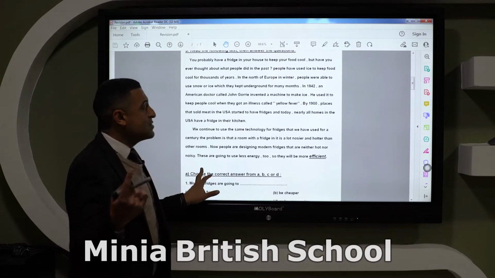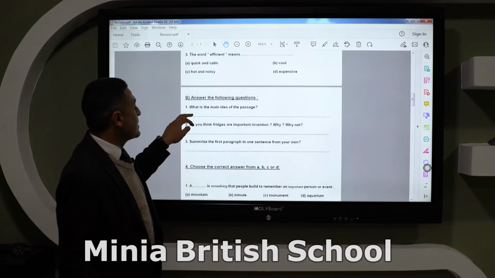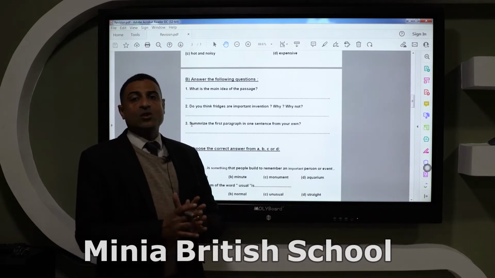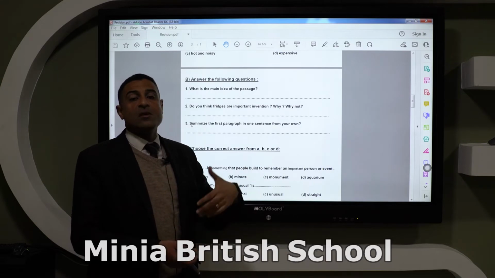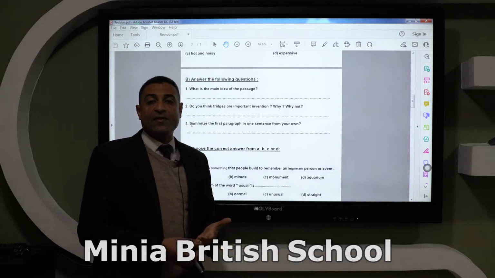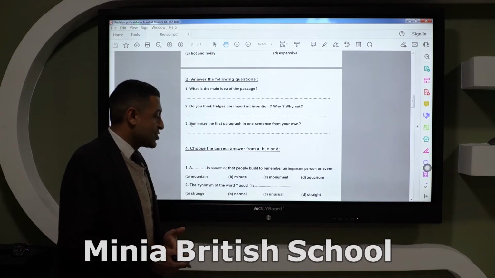we just need one sentence. So we can use a very simple sentence that is talking about the fridge, the importance of the fridge, and how people lived in the past without a fridge.